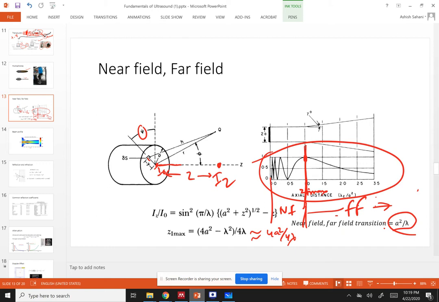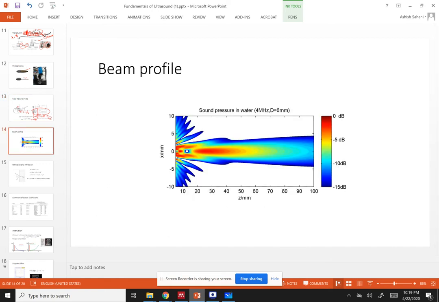In three dimensions, if we look at the signal from the surface, it looks something like this.